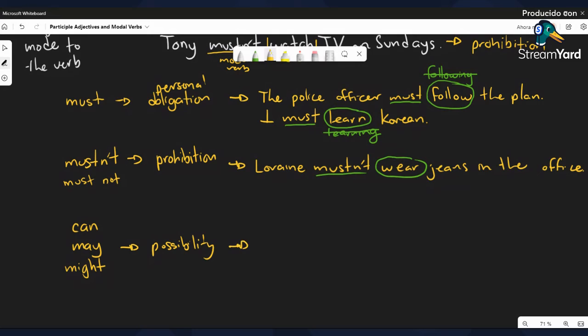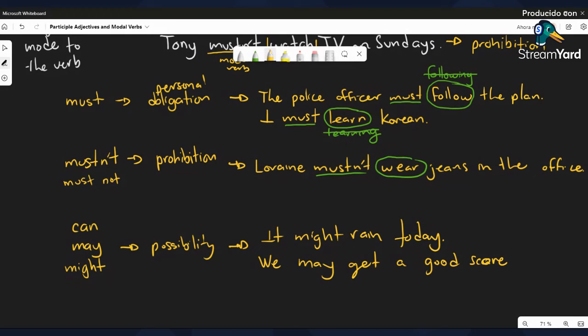For example, I can say it might rain today. Or we can say we may get a good score.